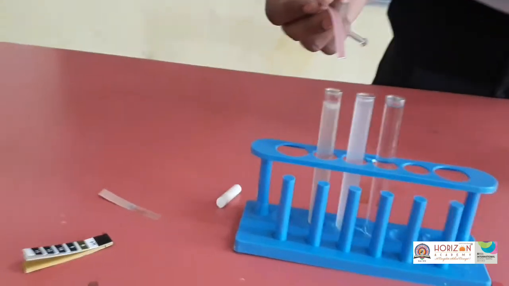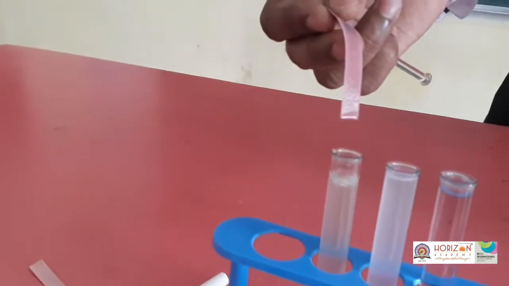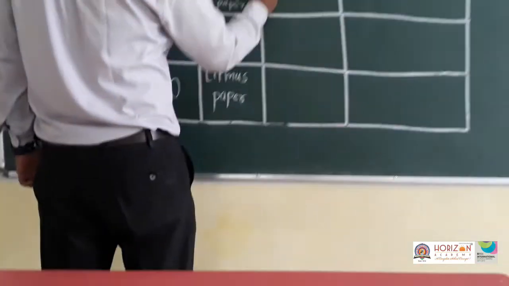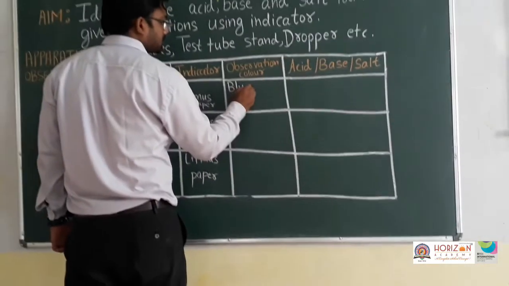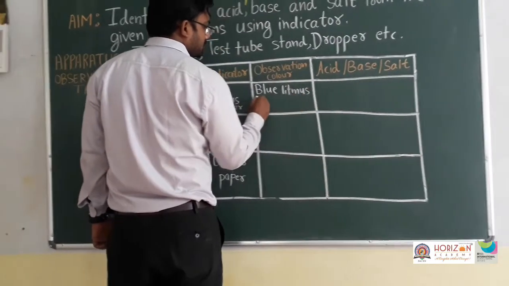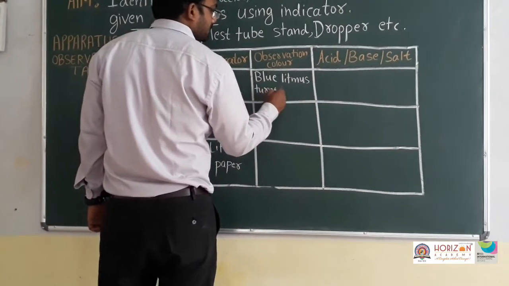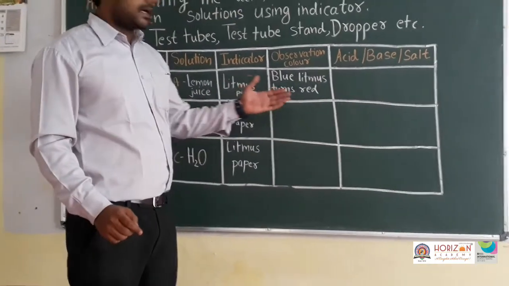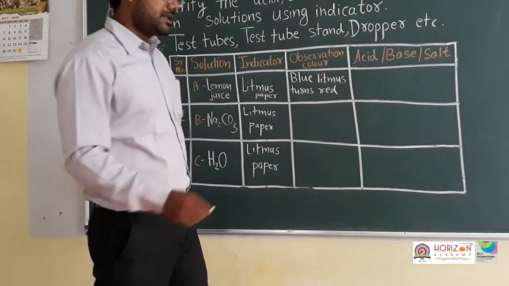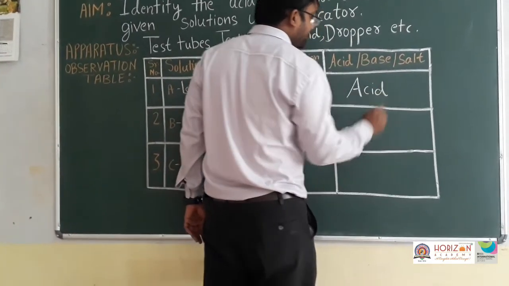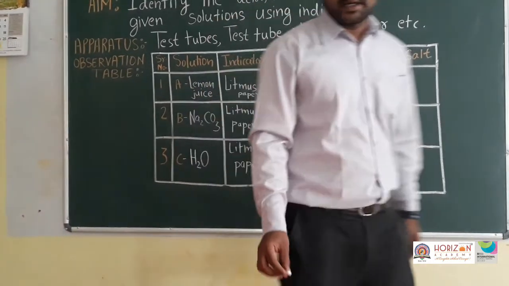Now we can see blue litmus has turned red. And when the blue litmus turns red, the conclusion is it is acid. We have already seen blue litmus turns red in acid.